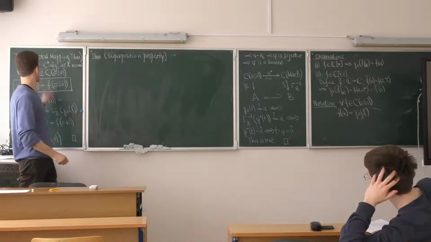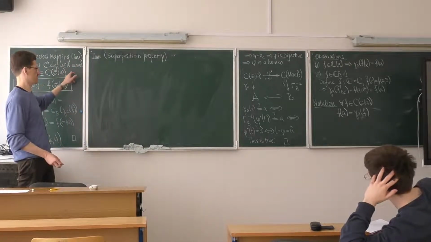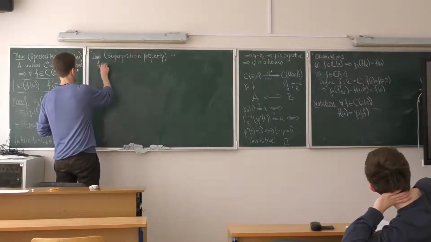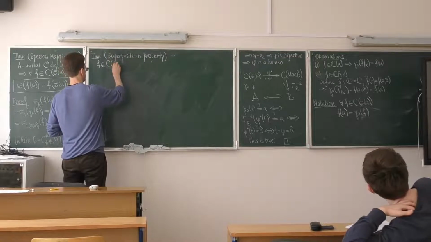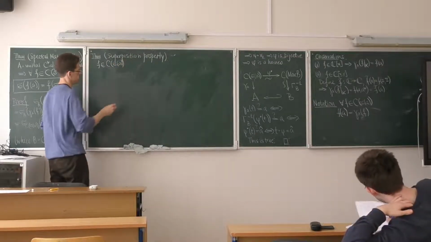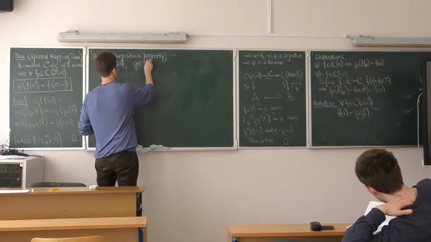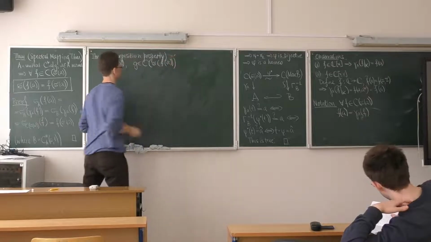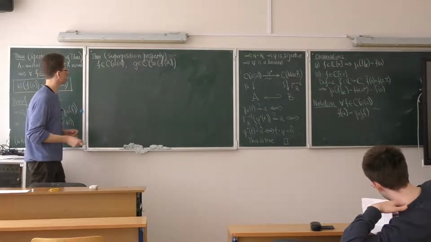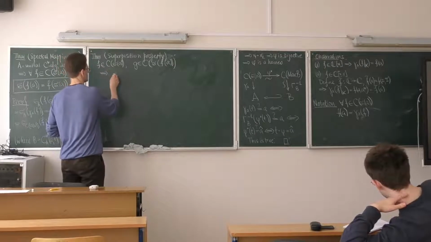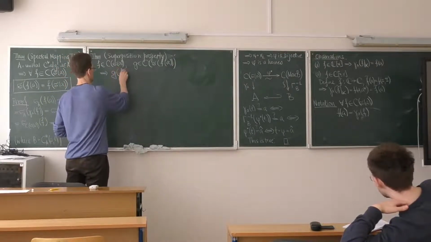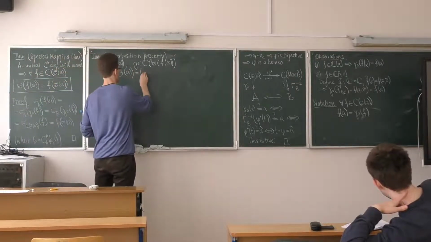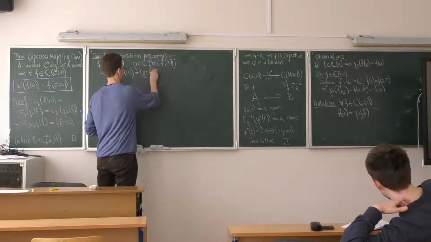Again, we suppose that A is a unital C-star algebra, and little a is a normal element of A. Also suppose that f is a continuous function on the spectrum of A, and G is a continuous function on the spectrum of f of A. Then I claim that G applied to f of A is nothing but the composition of G and f applied to A.